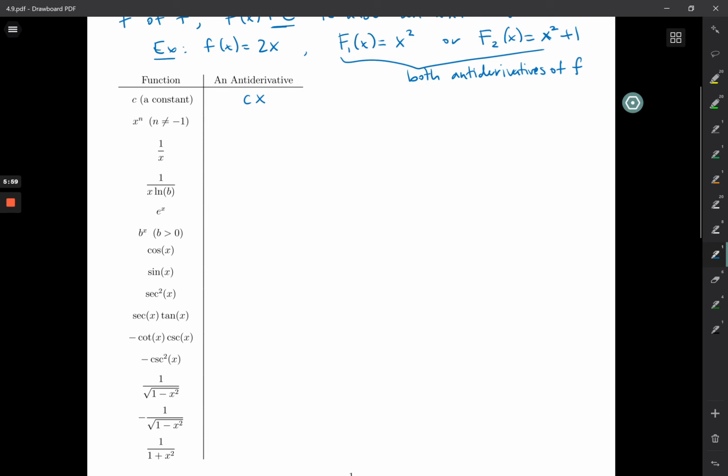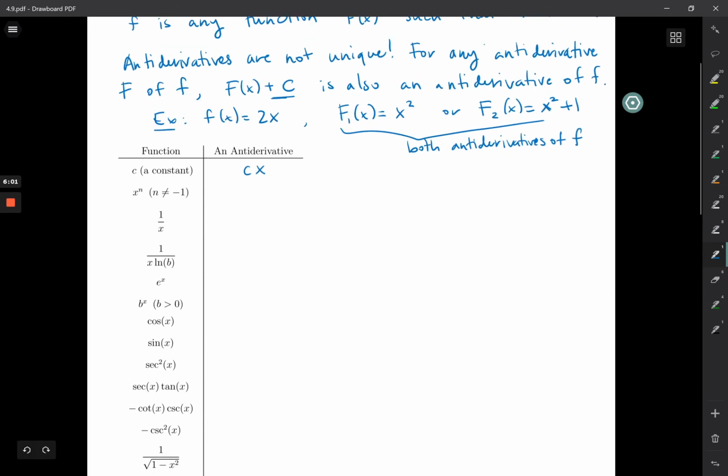So this is the most basic antiderivative. We're really just ignoring the fact that we could possibly have a constant added to this. So that's why in the title of this table I wrote an antiderivative, and really it's going to be the most basic one. So just without adding a constant. Okay. So this is an antiderivative of a constant. We just get c times x.